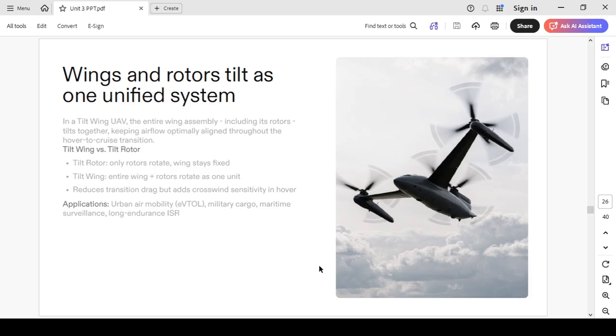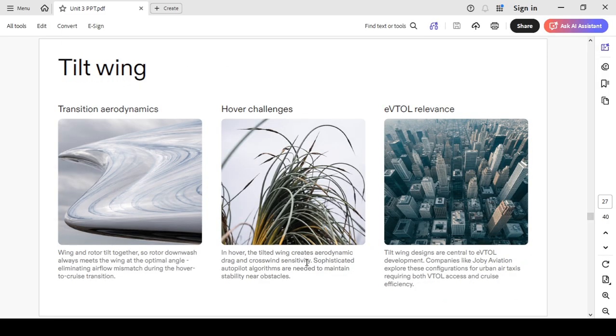Also military cargo, maritime surveillance, long endurance. These kinds of aircraft generally have an endurance of about 12 to 18 hours. For the tilt wing, we have transition aerodynamics, hover challenges, and eVTOL reliance.